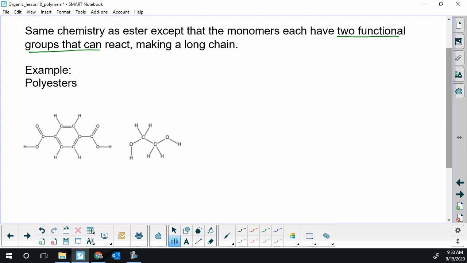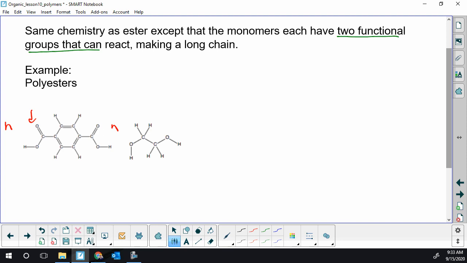So similar to our other polymerization, we're going to take a whole bunch of the difunctional acid and a whole bunch of the difunctional alcohol. So we need to notice that there is a carboxyl group, C double bond OH on that side.